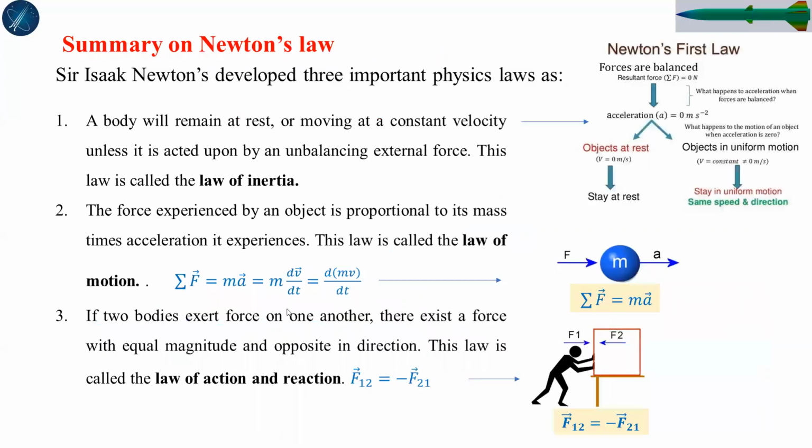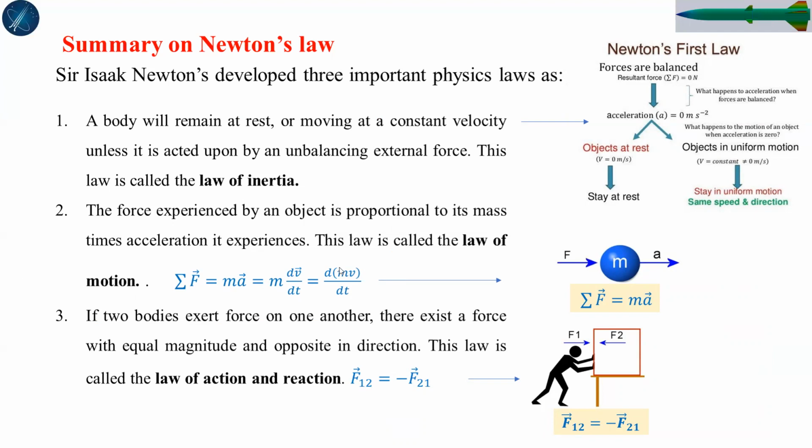Okay, so when we are summarizing, we know Newton's three laws. One of the laws is the law of inertia. And the second one is the law of motion. And the third law is the law of action and reaction. So all these three laws are applicable in rocket propulsion.